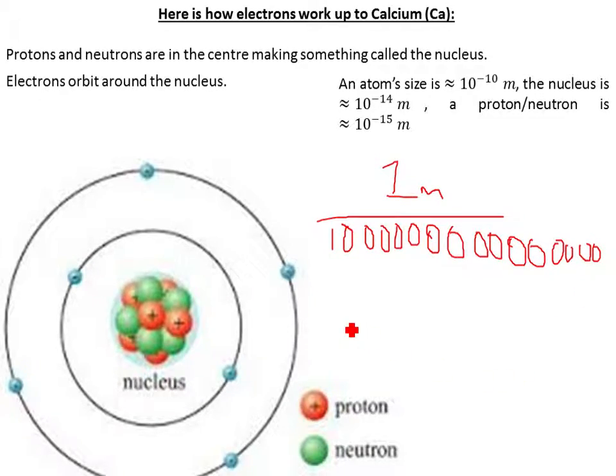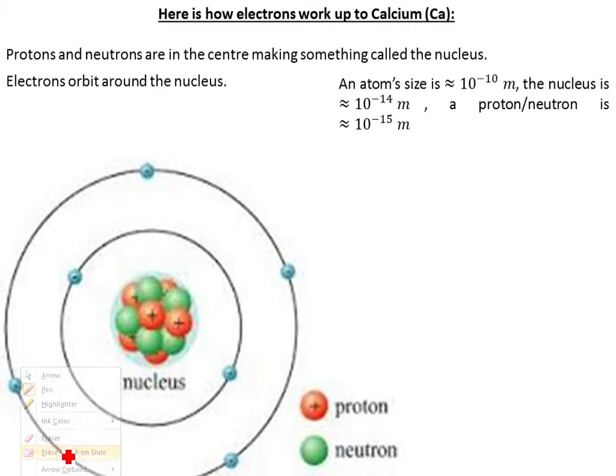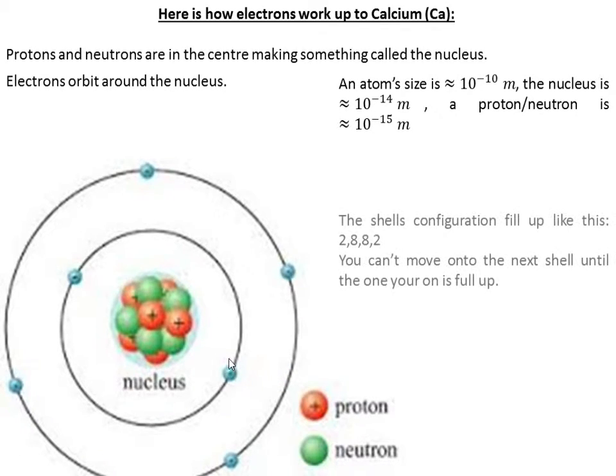So that's how big the nucleus is. And a proton or neutron, because the electron has nearly a mass of 0, is that big. So most of an atom is really just empty space. Not a vacuum. Well, I guess you could call it a vacuum. It's more just emptiness, nothingness.